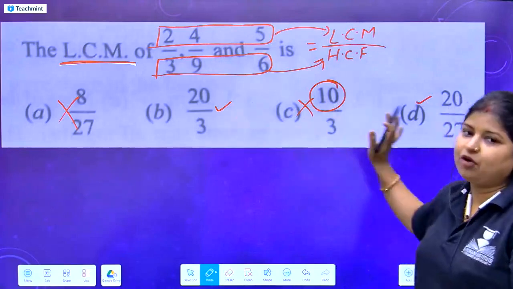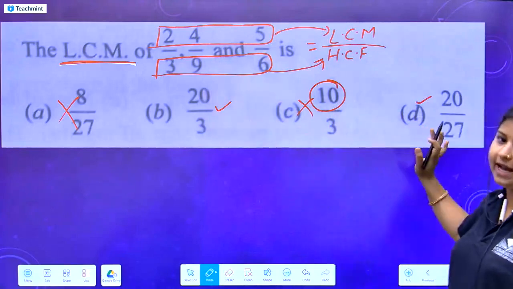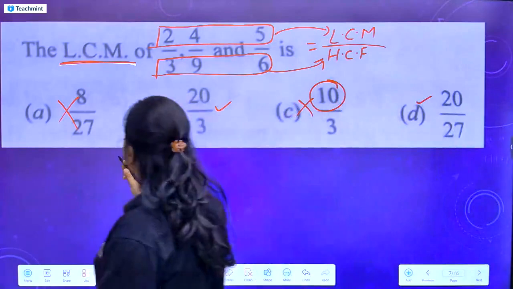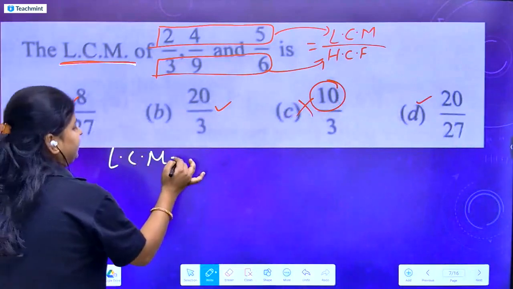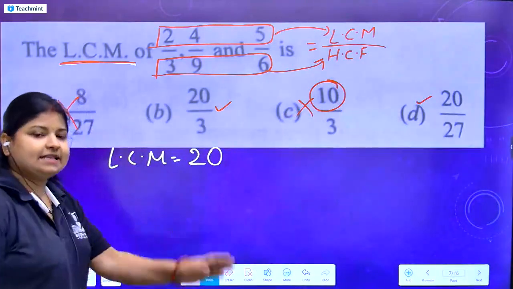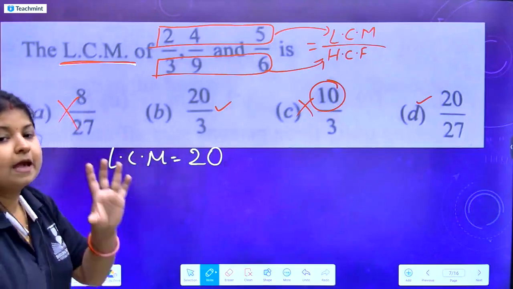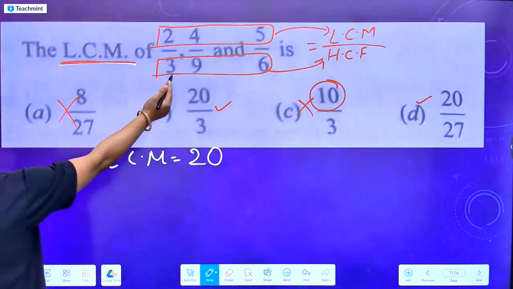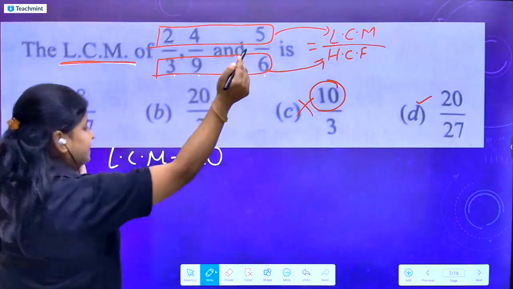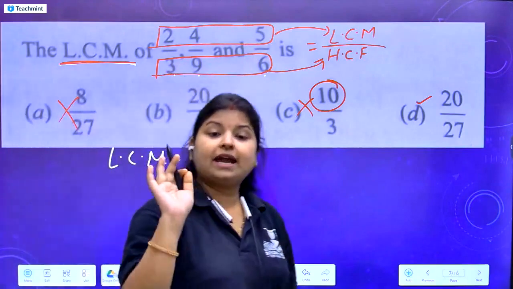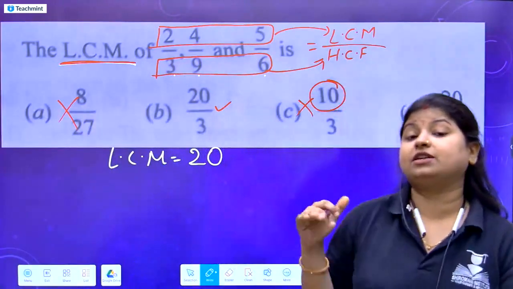See, so I am now left with only 2 options, 20 and 27. So for sure, my LCM is 20. Now I have to calculate the HCF of 3, 9, and 6. HCF, what does it mean?